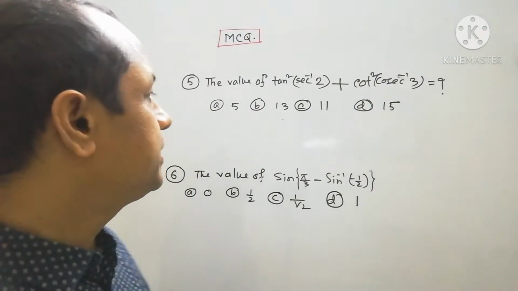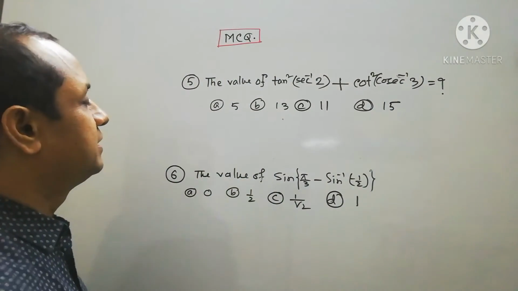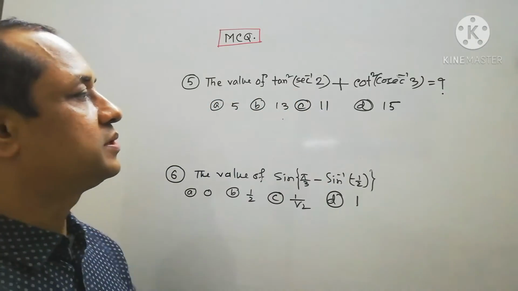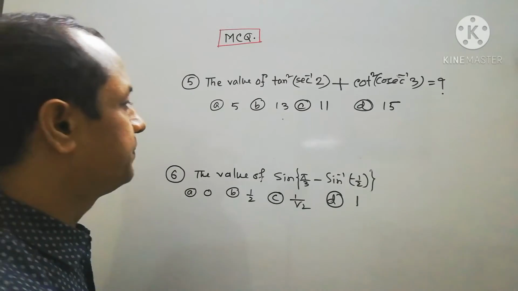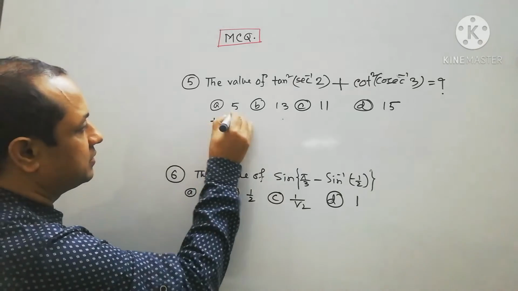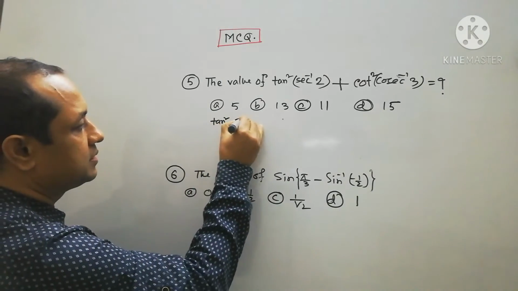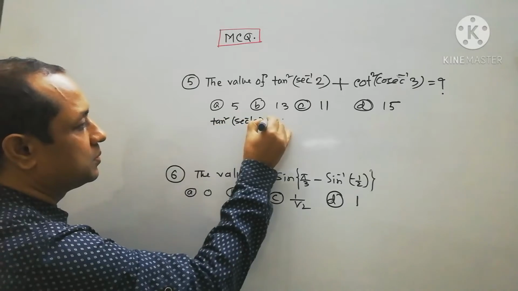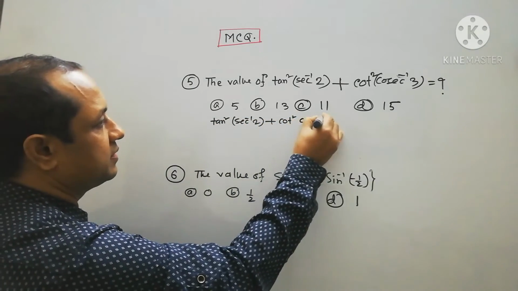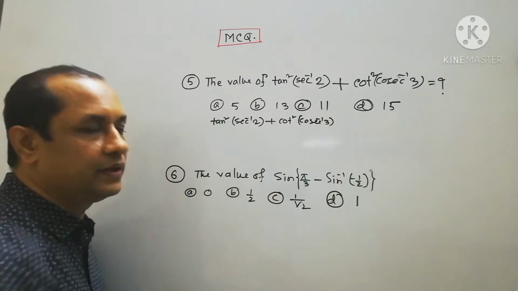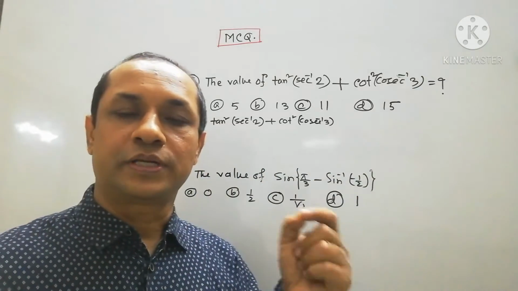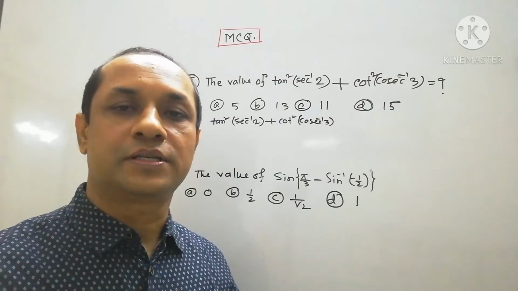Student, question number 5. The value of tan square sec inverse 2 plus cot square cosec inverse 3. Now according to the question, tan square sec inverse 2 plus cot square cosec inverse 3. What is the value? So student, we know that tan square theta equals sec square theta minus 1.